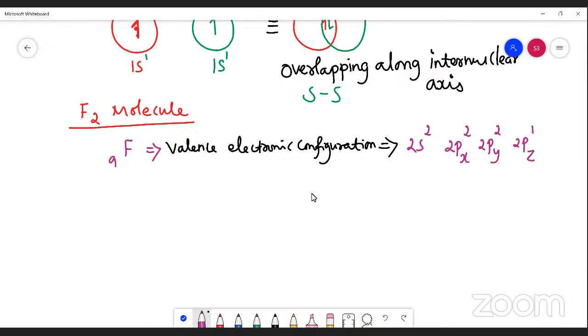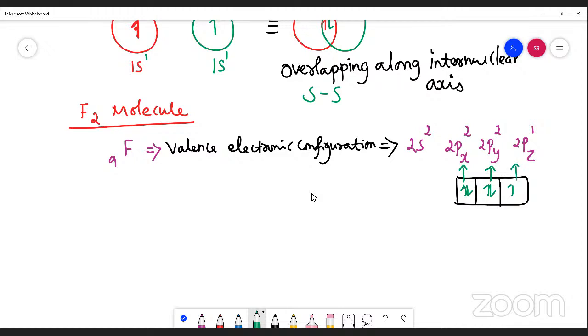We know that the p orbital has how many orientations? 3 orientations. So the 2p orbital contains how many electrons? 5 electrons. Let us put the first electron, second, third, fourth and fifth electron. That's why 2px2, 2py2, and 2pz1.